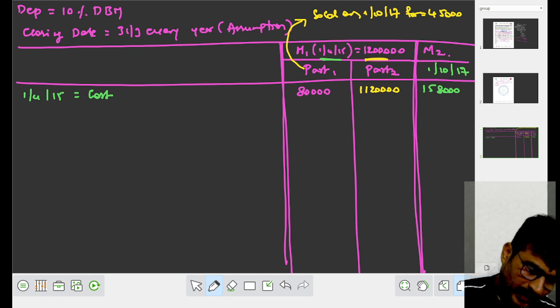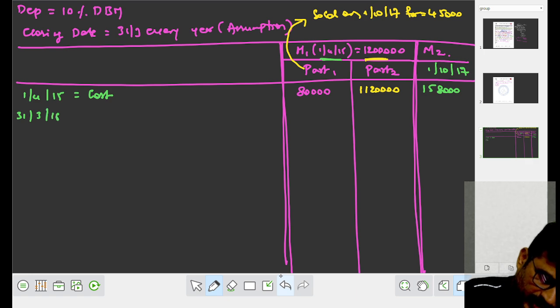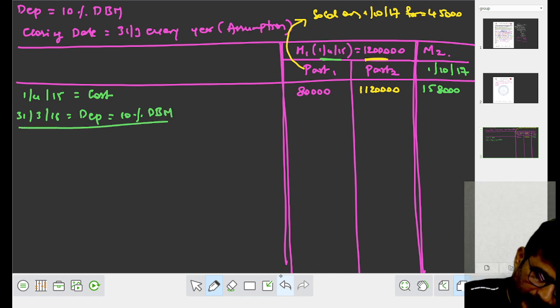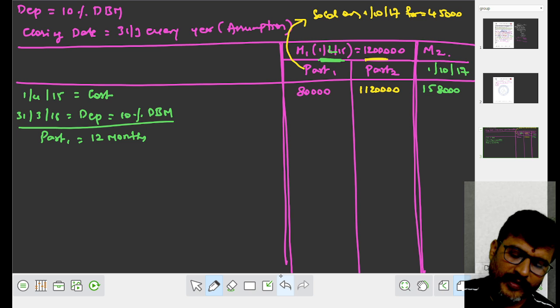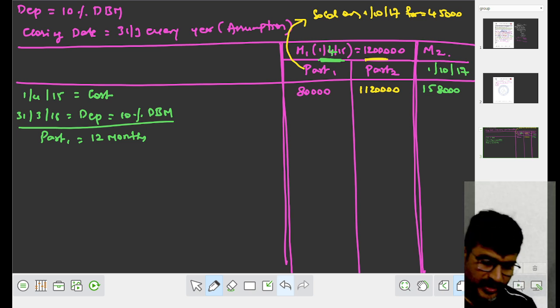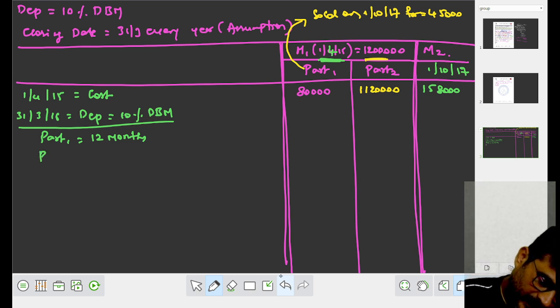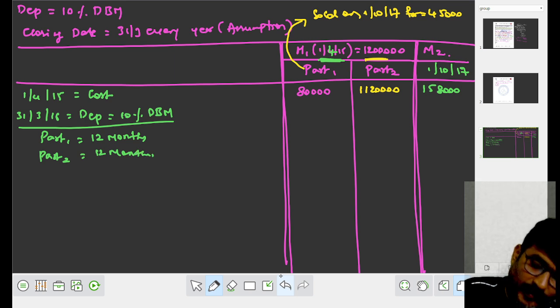Now move on to the accounting year. Accounts are closed on 31st March 16. Depreciation is what percent? 10% under the DBM method. On part 1 we have to calculate for 12 months because part 1 was purchased on 1st April 15, so up to March 16 it comes to 12 months. On part 2 also we have to calculate for 12 months.